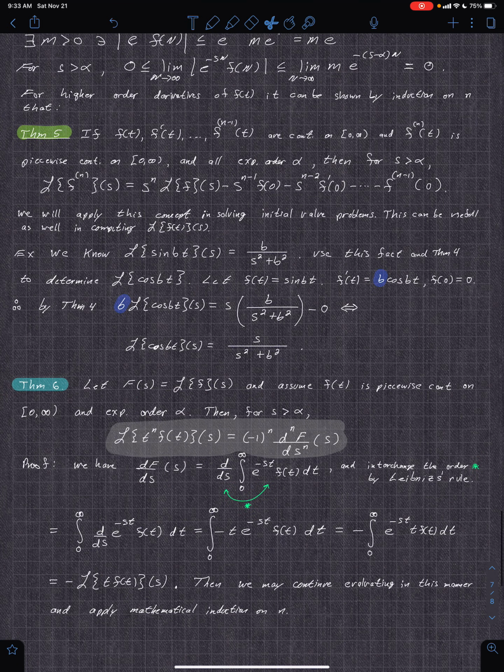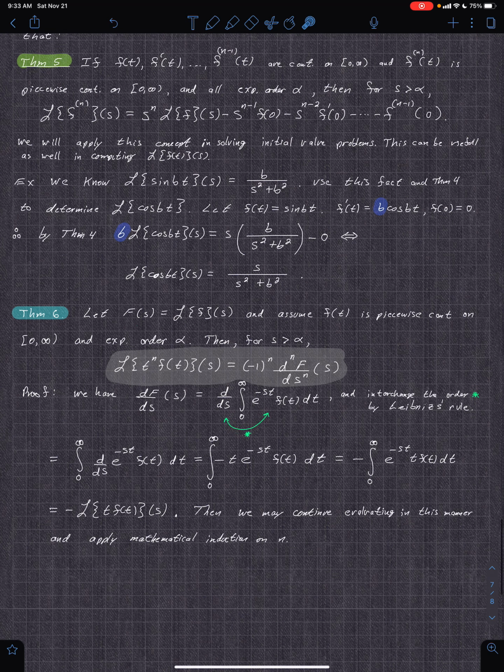So for higher order derivatives, we have this formula basically. So you have the nth derivative of s, then you get this progression essentially. That would be done by induction on n, not something I want to go over. It's kind of tedious. Something you look over later if you're in math.